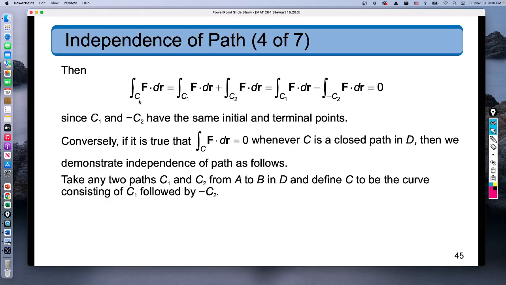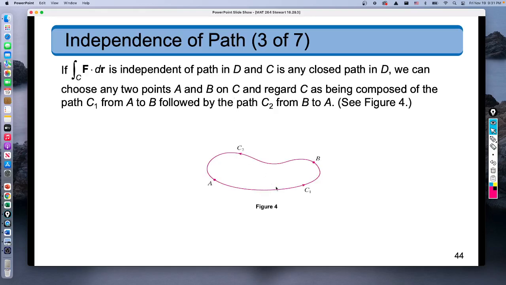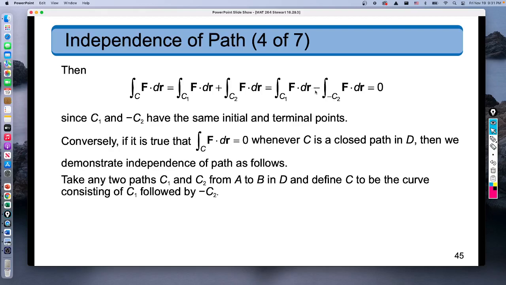Okay. So C goes from C1 to C2, so we go all the way around by doing that. Notice C2, if we went in the opposite direction, this is from earlier, so if we went from A back to B, then that's going to be a negative, right? So going in the opposite direction here. However, C1 and C2 have the same initial and terminal points, so that means that they have to be the same. So that means that this integration equals 0 whenever we have a closed path.